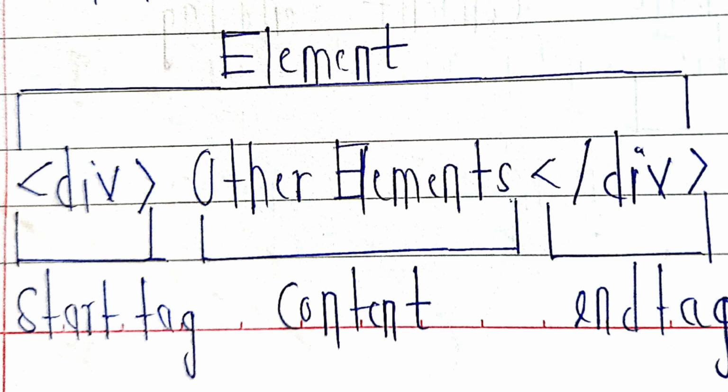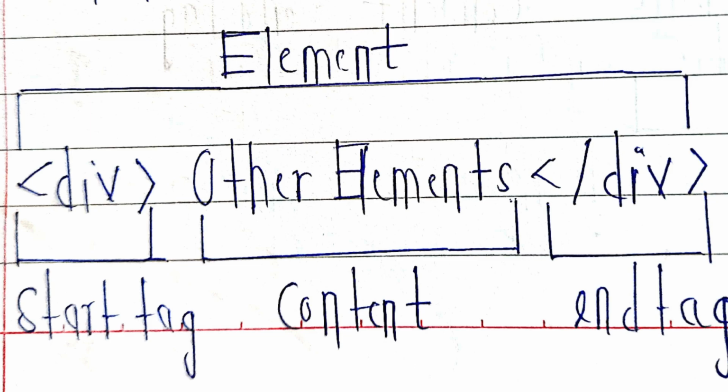Let's take a look at this diagram. Here we have a simple HTML element: div, other element, div. This is what we call an element. An element is made up of three main parts. First, start tag, second, content, and third, end tag.